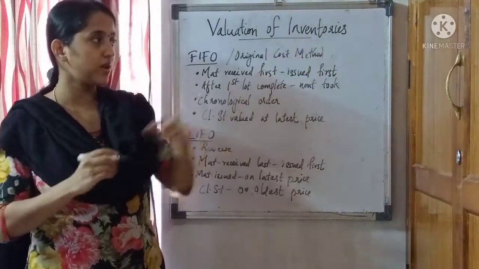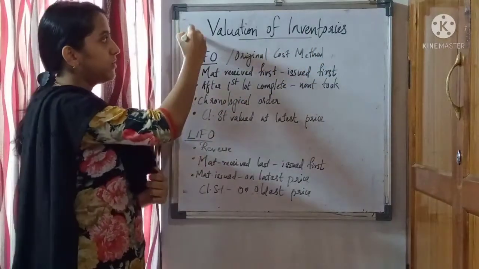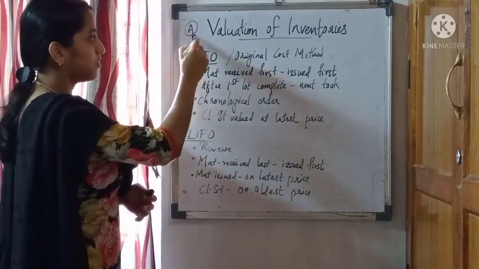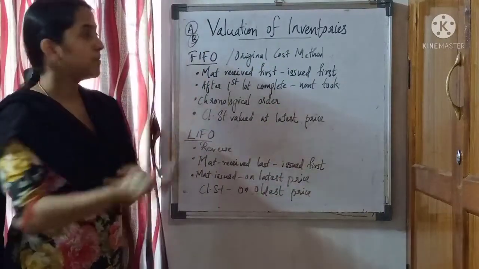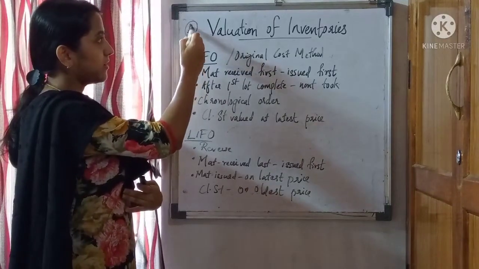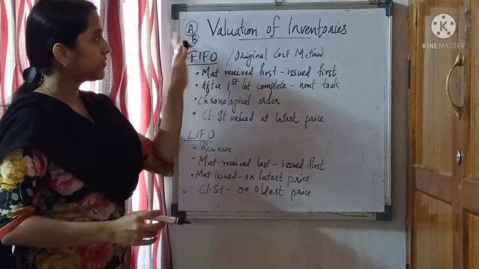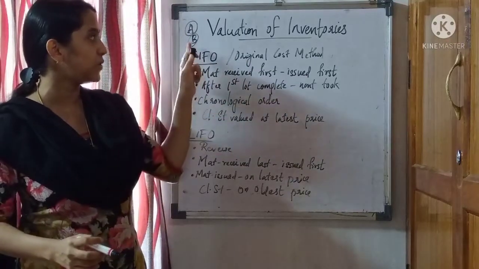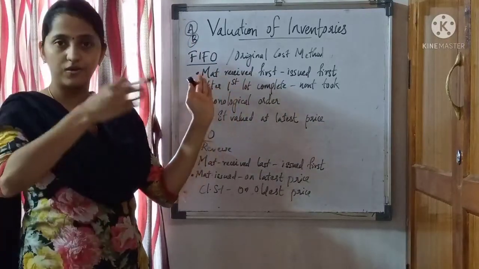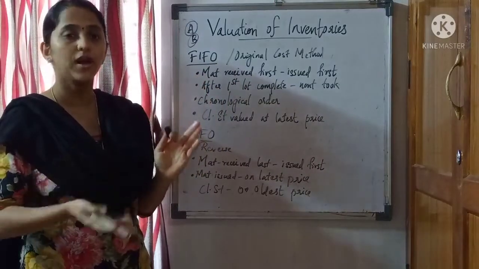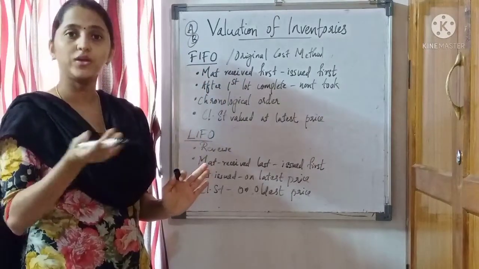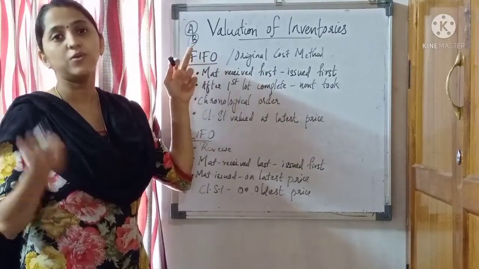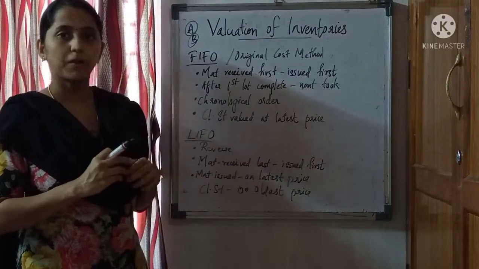In our example of A and B, we first procured A, and second we procured B. When an issue comes, first we will take from A, and if A is complete, we'll move on to B. So always materials will be valued at the oldest price, in chronological order, and thereby closing stock will be valued at the latest price.